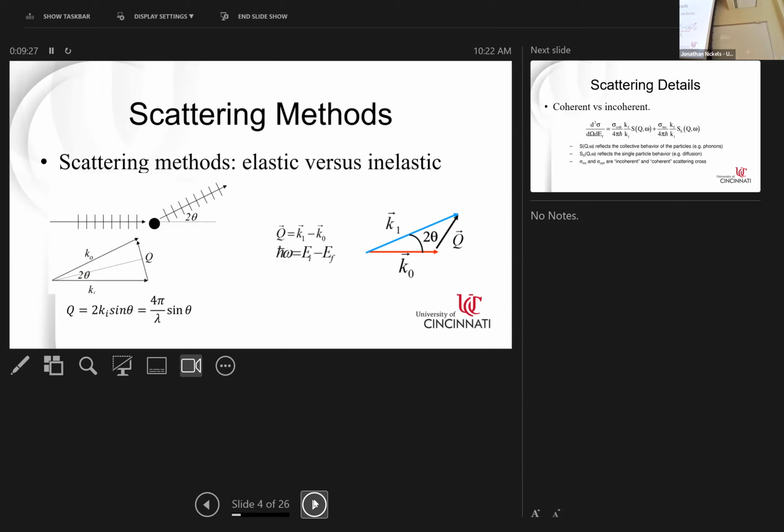So it's like a rolling pool ball. You hit it with the cue ball, and if the pool ball's rolling away from you, you lose a little energy in the cue ball and it scatters away more slowly. If it's coming towards you, maybe you get a little energy and it scatters away more quickly. That's what's happening in the collisions for inelastic scattering. So what ends up happening is your scattering wave vector has a momentum transfer component in it.